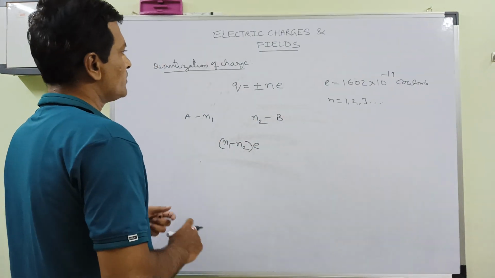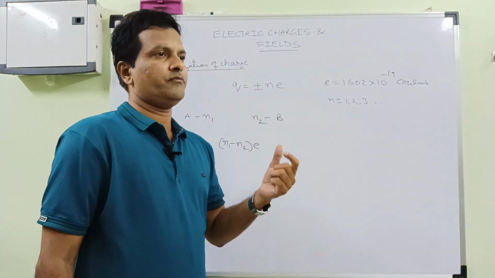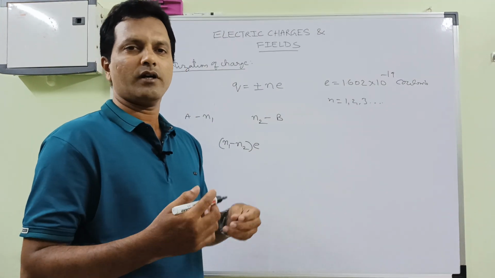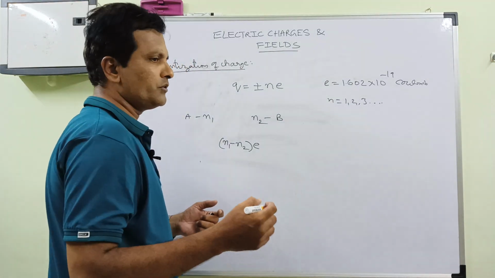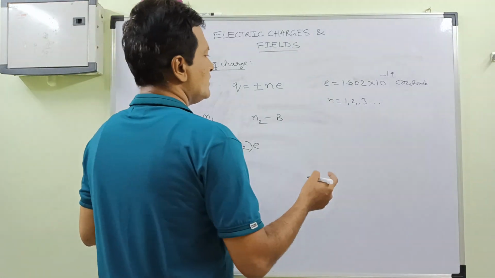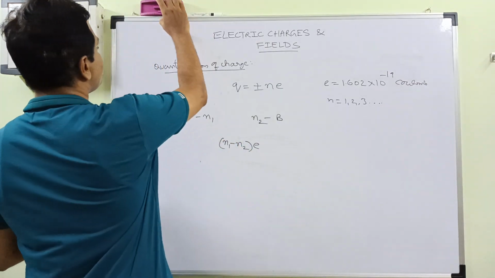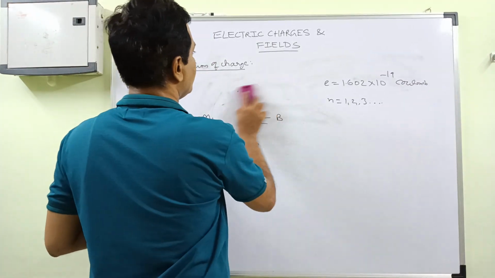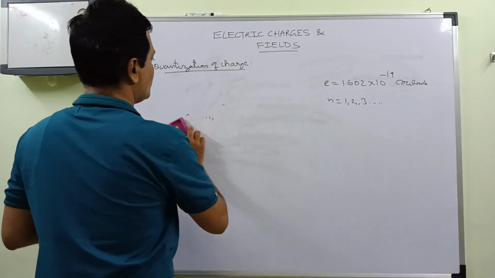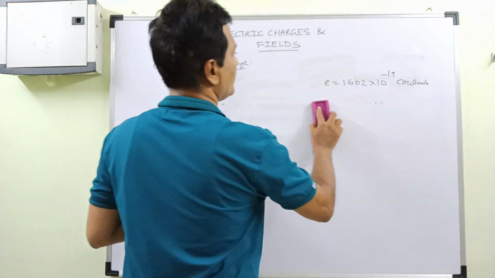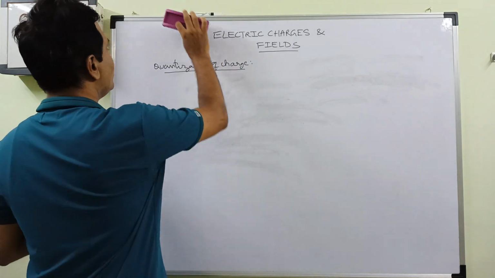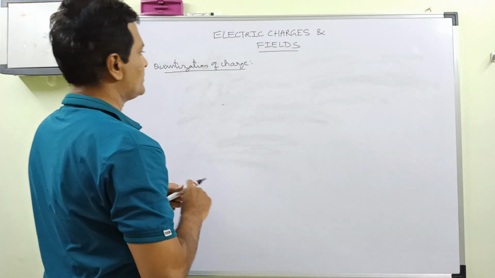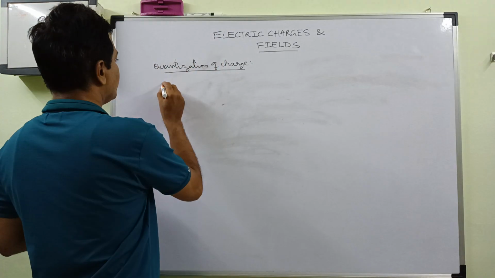For better understanding of quantization of charge, we will see a small example of how to calculate the charge. I will give you a small question and we will solve that. With that we can understand what exactly quantization of charge is.